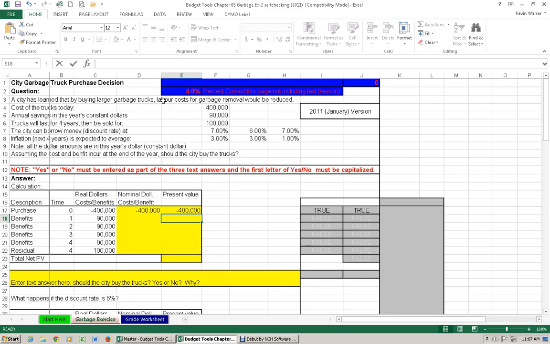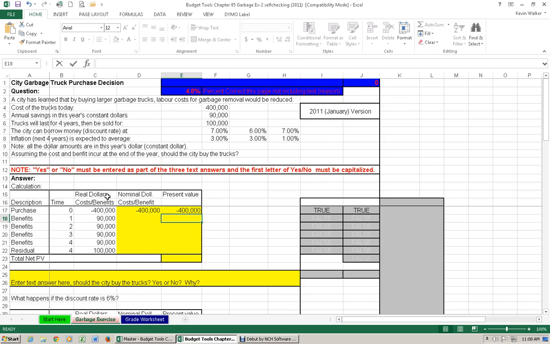You have to put fewer trucks on the road, so it'll save you the driver and the guy riding the back, and they make $45,000 a year. So you're estimating it's going to save you $90,000.